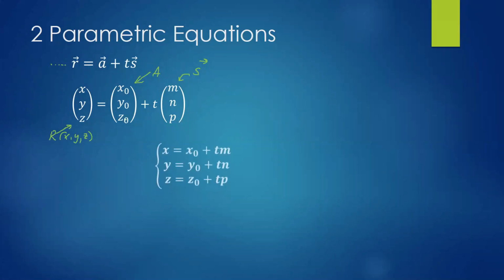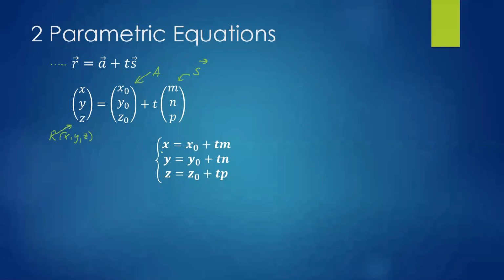Now, we can rewrite this, as you see, line by line for each coordinate separately. X evidently equals x0 plus t times m, y equals y0 plus t times n, and z will equal z0 plus t times p. So in fact, we can write an equation for each coordinate separately.